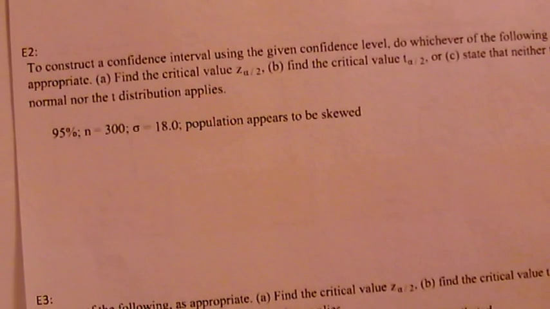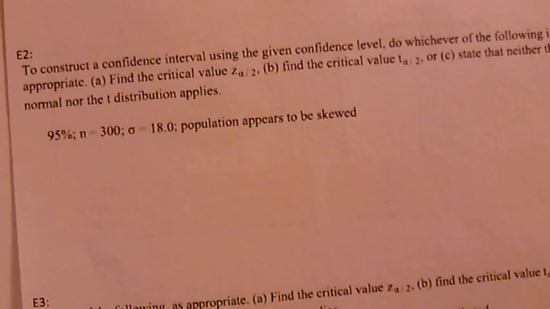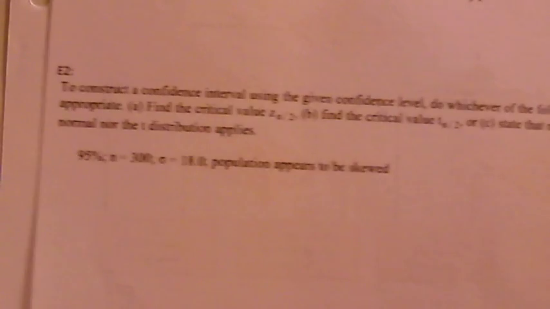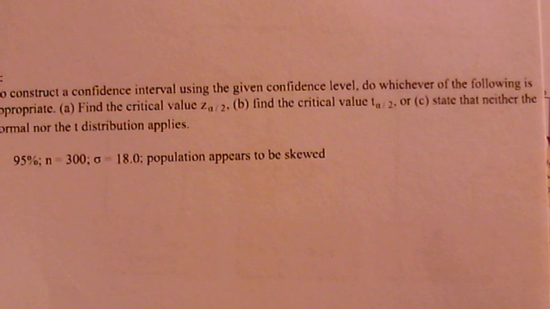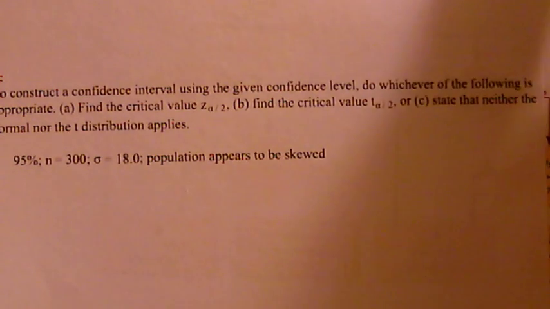Here's another example. Let's say, to construct a confidence interval using the given confidence level, do whichever of the following is appropriate: the critical t value or the critical z value, or neither. We've got 95% confidence. Your sample size n is 300. Sigma is 18.0. The population appears to be very skewed.